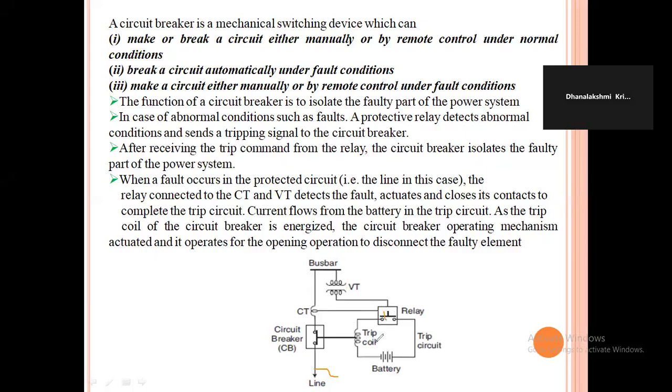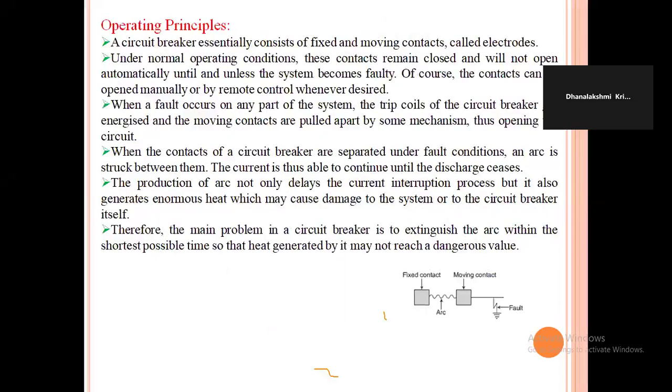So the trip circuit gets power supply from the battery and the trip coil of the circuit breaker is energized. The circuit breaker operating mechanism actuates and operates for the opening condition, and it disconnects the faulty current. So this is the operating principle.